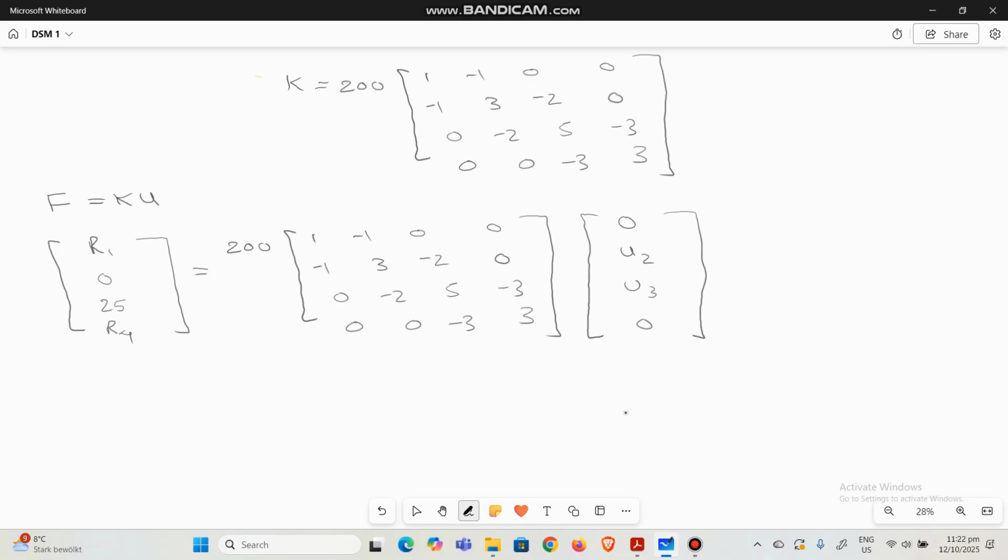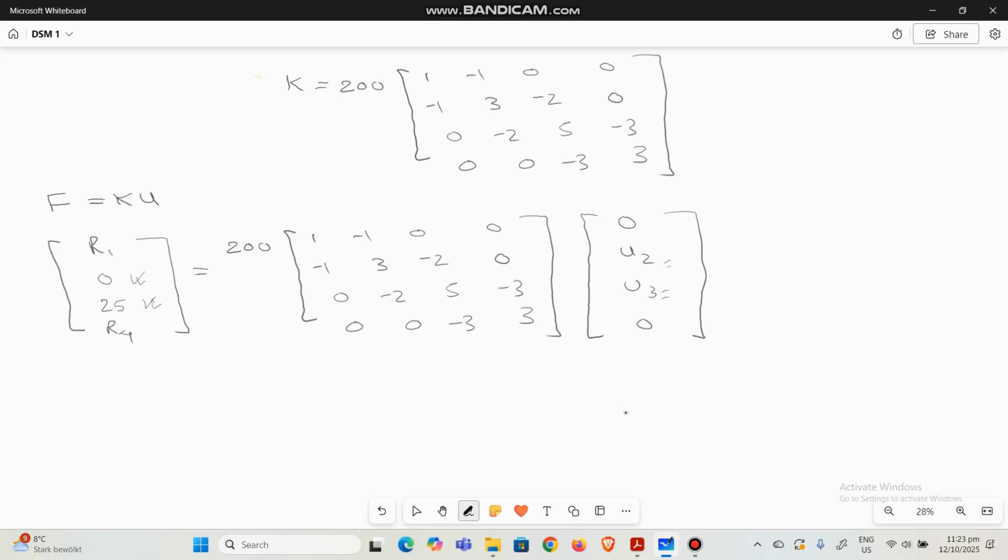So the basic idea is to solve for those values which we don't know. For example, here we know it's 0 and 25, right? We know these values, so we can get two equations and we have two unknowns and we can solve this.